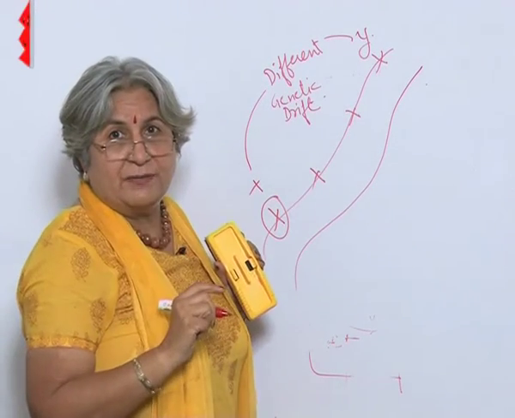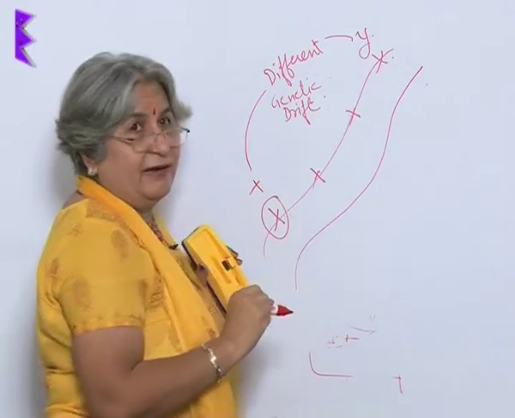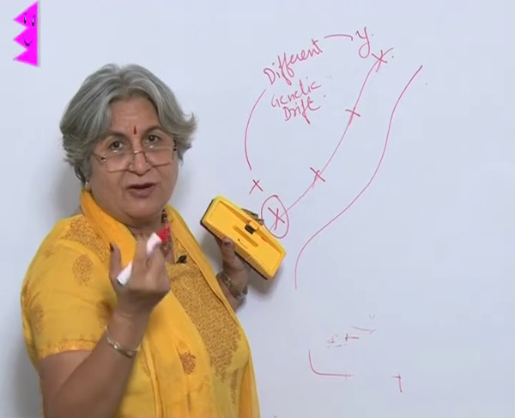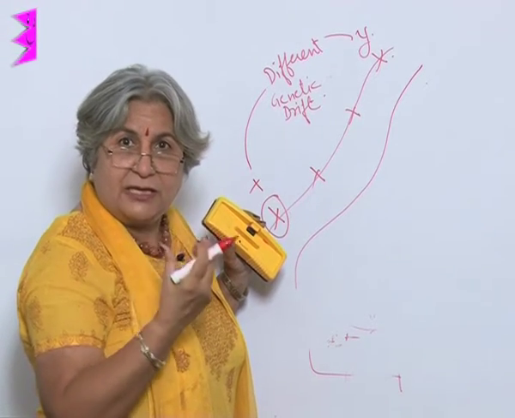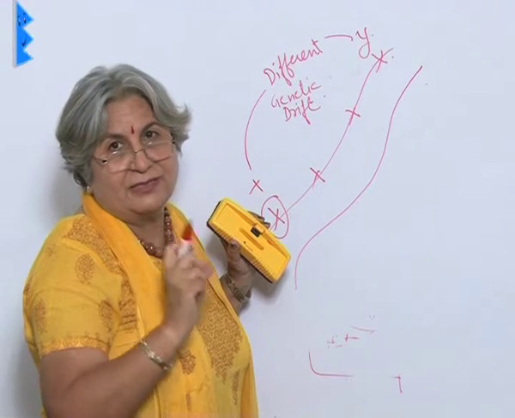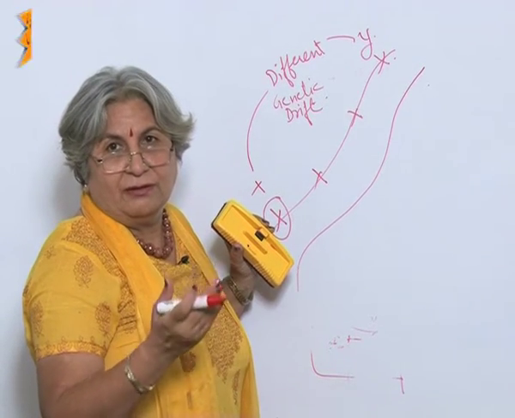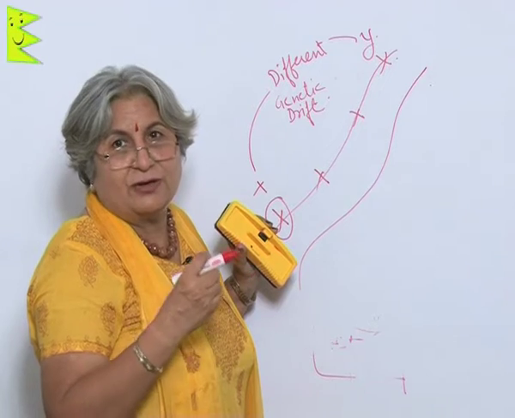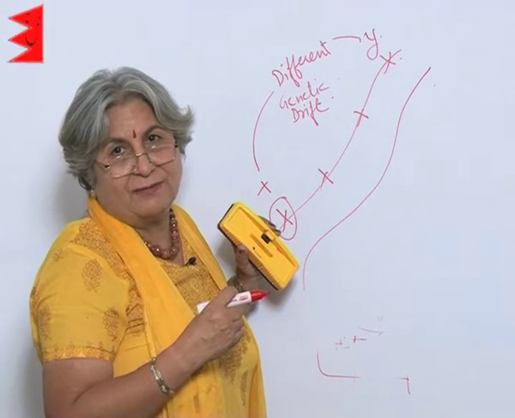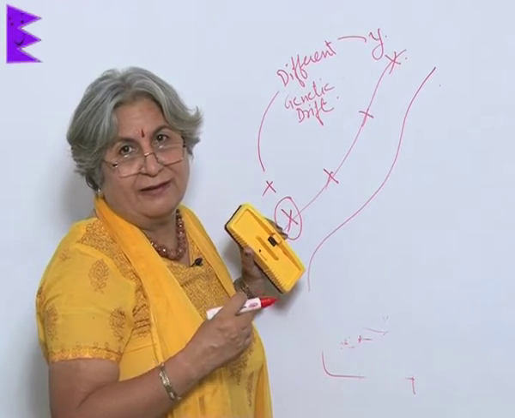There is also a possibility that even when some of these beetles reach here, they may not mate with each other. The reproduction will not take place because there is so much genetic difference. So, this is the creation of a subspecies, and this is how new evolution takes place, or you can say new species are produced. This is about natural selection and genetic drift.